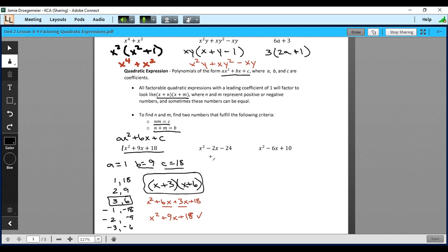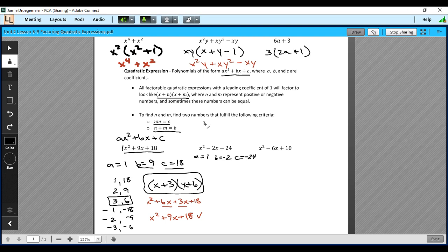In this one, again, I'm going to identify a is 1, b is -2, the second coefficient here, and then c is -24, which is our third one. Now we want to think about what are the factors of -24. I'm going to write those up here.